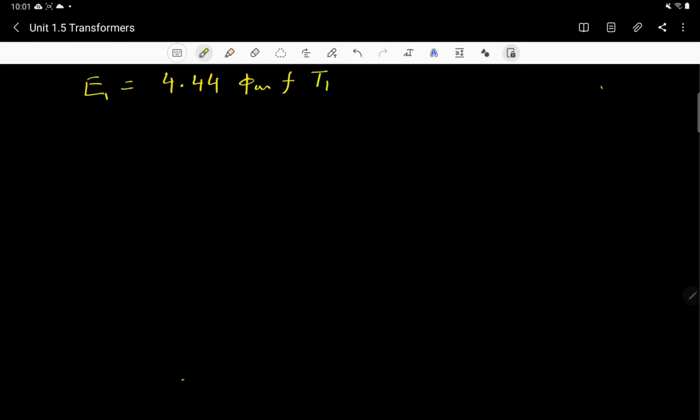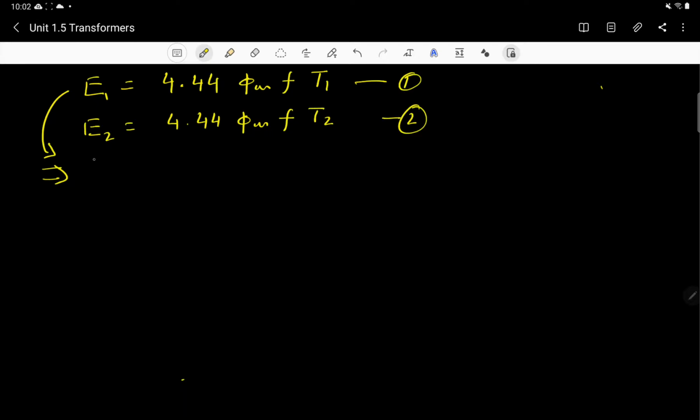This is the EMF equation for the primary side, and in a similar manner we got E2 equals 4.44 Φm f T2.